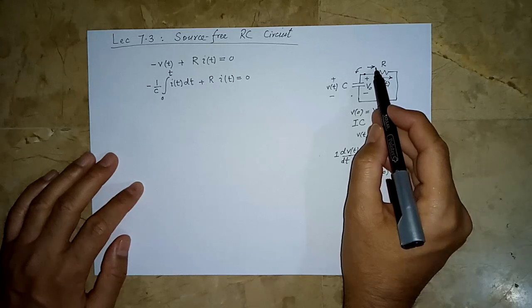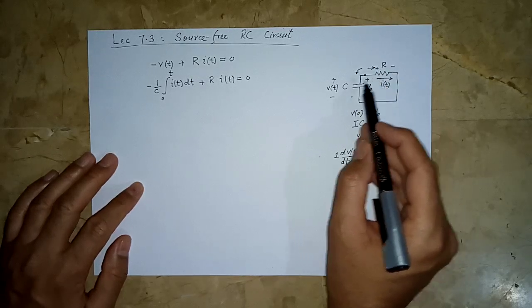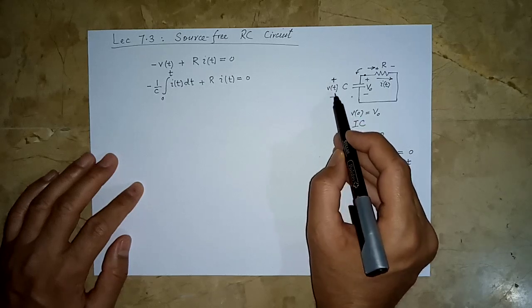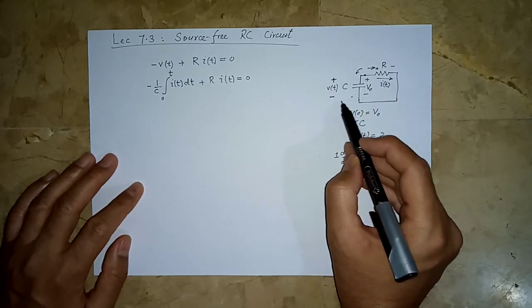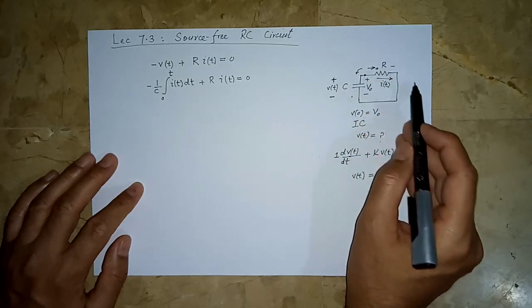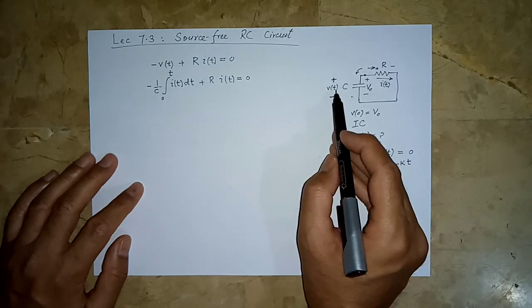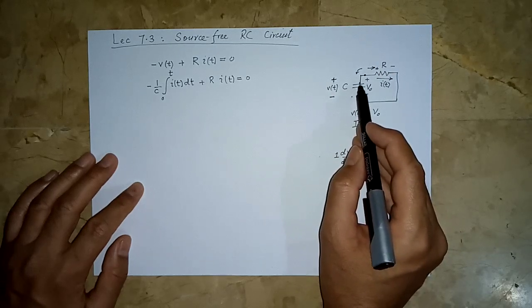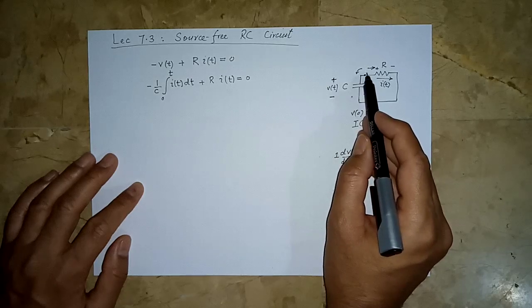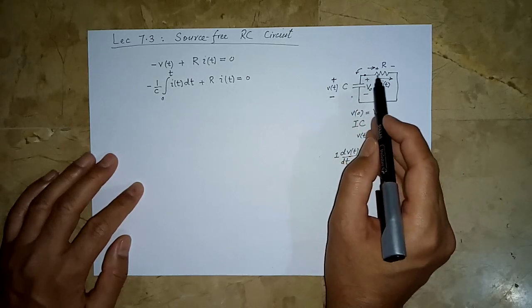Now you can see that this voltage across the resistor and this voltage across the capacitor is the same, because minus Vt plus this thing must be 0. So if this voltage is Vr, then Vr is actually equal to Vt. So this voltage and this voltage is same, and that is what basically KCL is going to tell us.